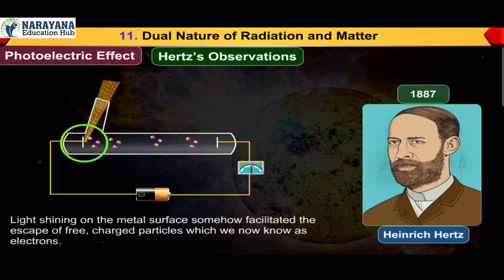Light shining on the metal surface somehow facilitated the escape of free charged particles, which we now know as electrons.